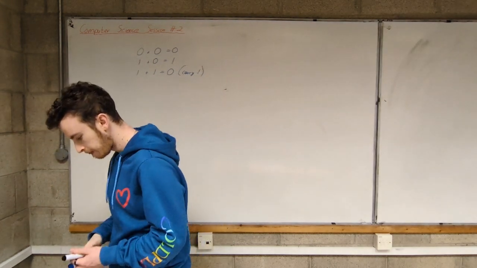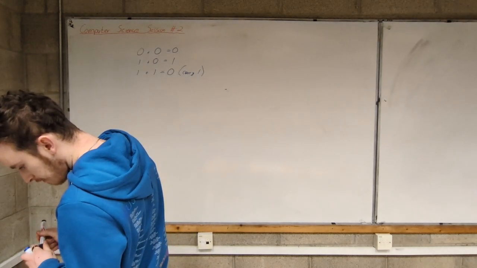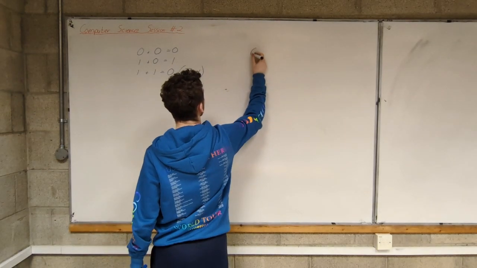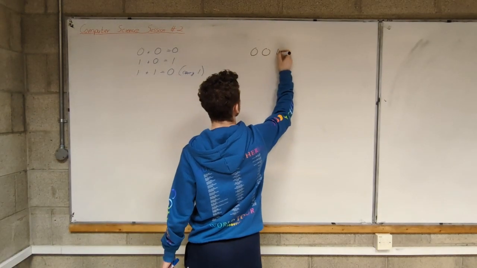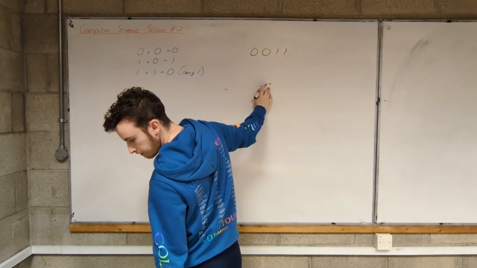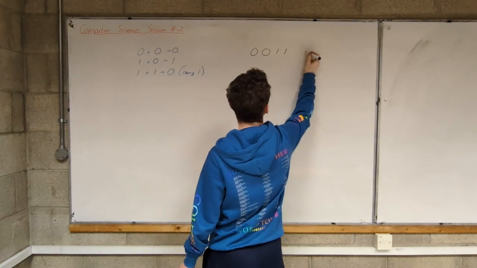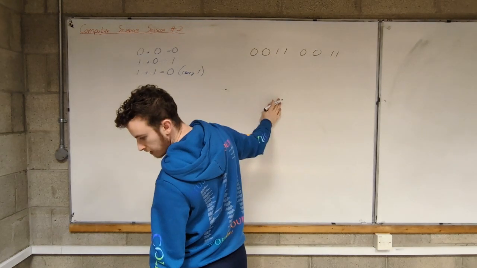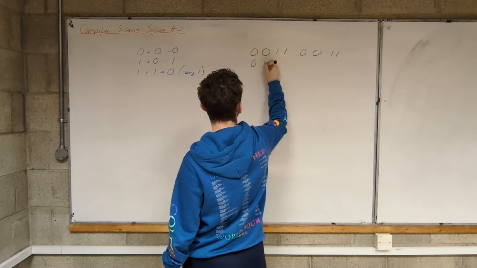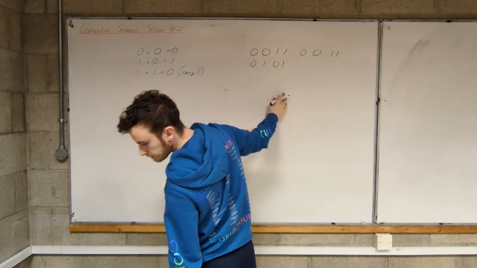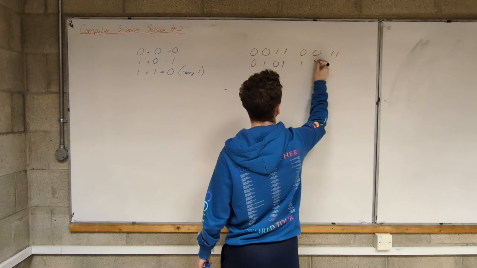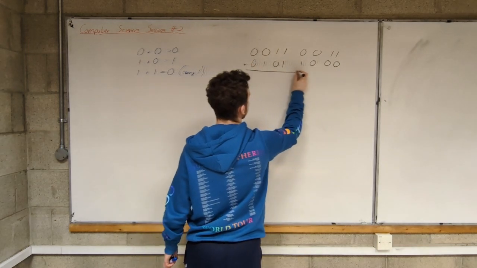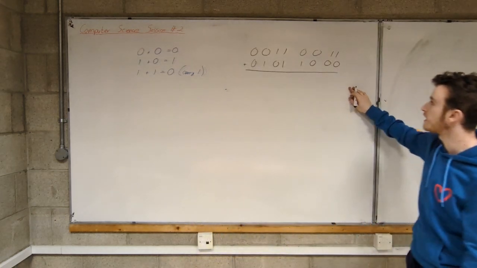So, for example, add the binary numbers 0, 0, 1, 1, 0, 0, 1, 1, 0, 0, 1, 1, 0, 0, 1, 1, and 0, 1, 0, 1, 1, 0, 0, 0. So, just like addition when you're in primary school, we start over here.